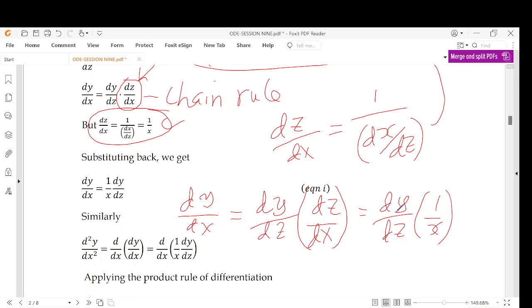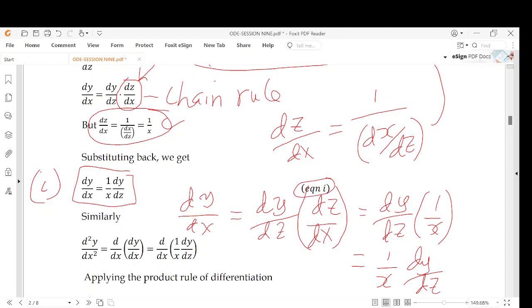So in this case, dy by dx is equal to dy by dz times 1 over x, or we can write this as 1 over x times dy by dz. So dy by dx equals 1 over x dy by dz. We are going to call this equation 1.